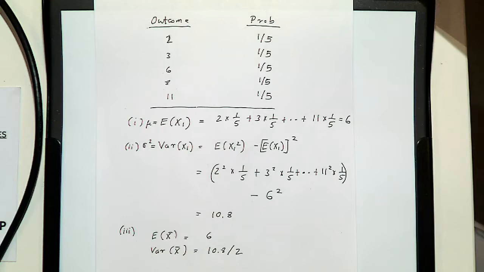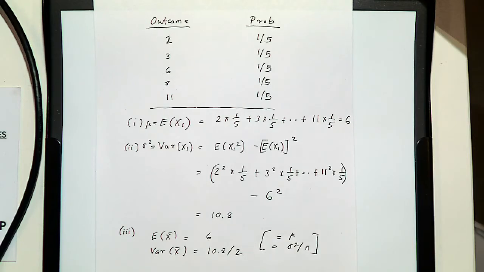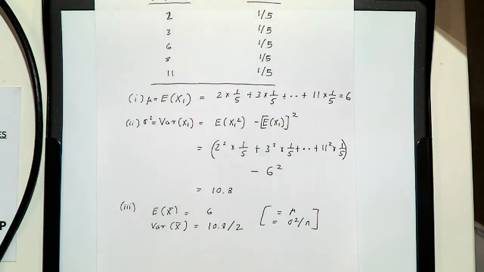But the long way to answer this question is to list all the pairs, and then work out the expectation of x bar and the variance of x bar. This is using the formulas that I mentioned before. This is actually mu, and this is sigma squared by n, where your n is 2.